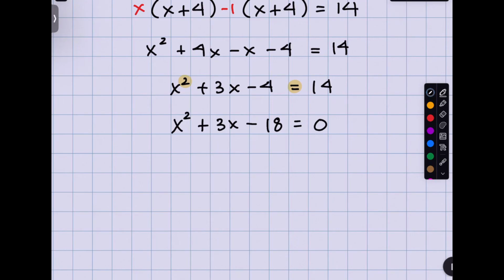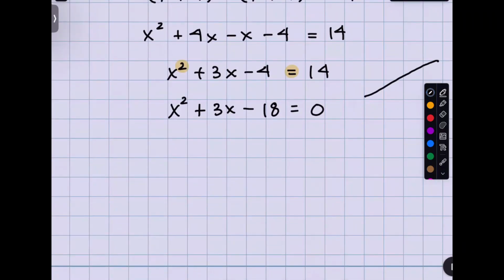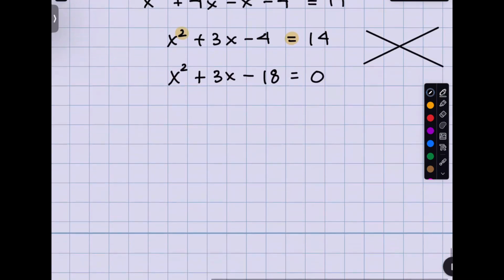What's A times C? B is 3. What are the two numbers?